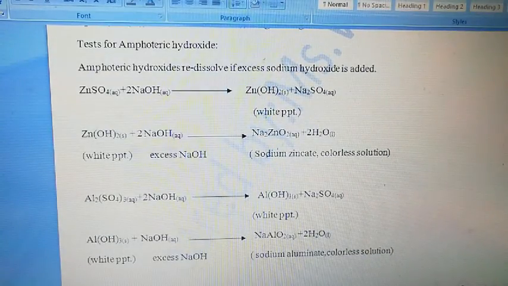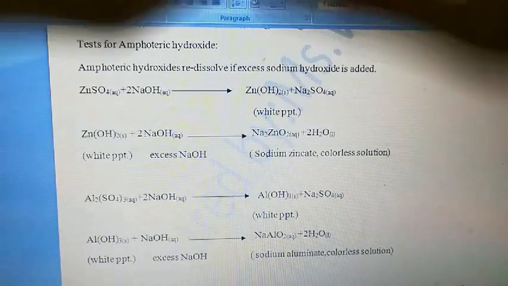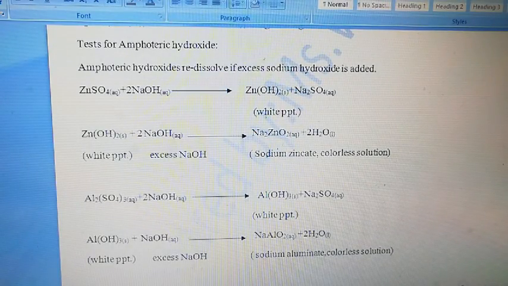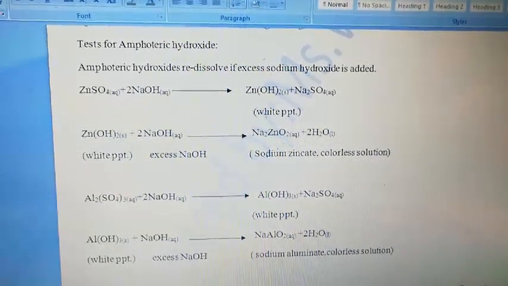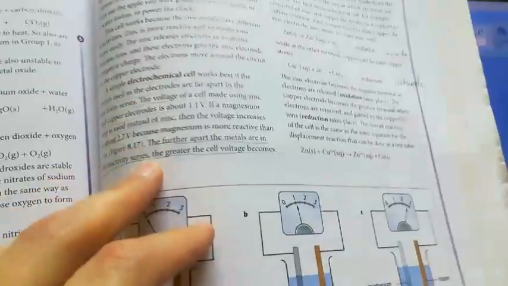So this is the whole story for the amphoteric hydroxide. And by this note, we will finish. This is the last note. So by this note, we will finish chapter 8. If you open this chapter from your book, you will see that we skipped page 221.